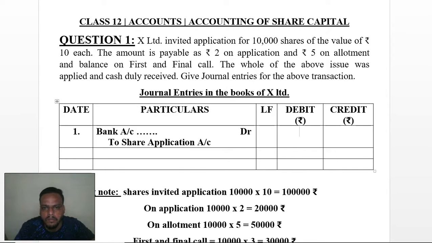LF will be nothing because it is not mentioned, but you can write the amount on application, which is 20,000. This is the application money which has been received by the organization.